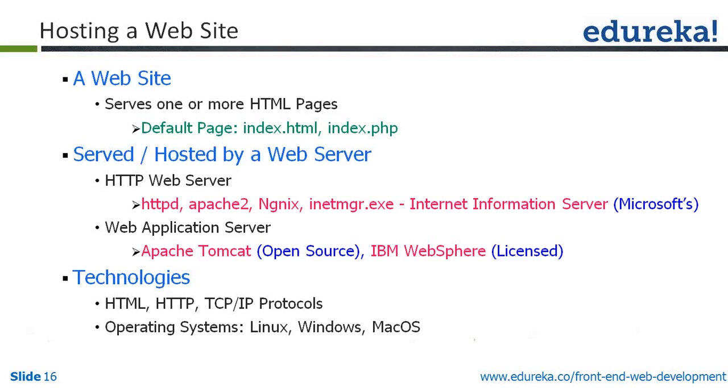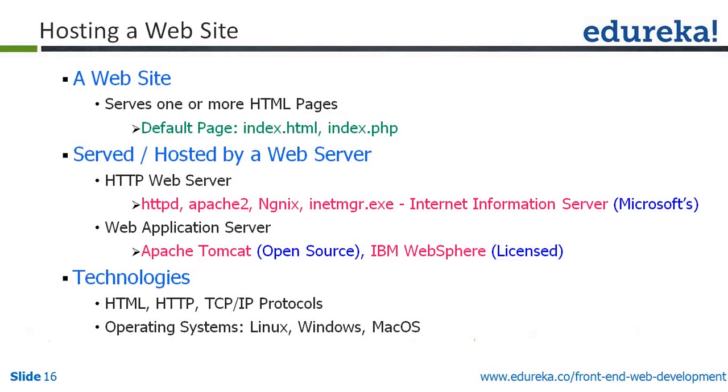Or you could be running your website on a web application server. If you write your backend program in Java, then you need an application server, which could be open source software like Apache Tomcat, or licensed software like WebSphere from IBM.